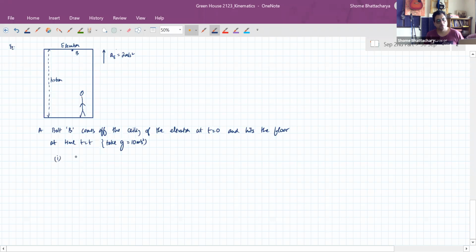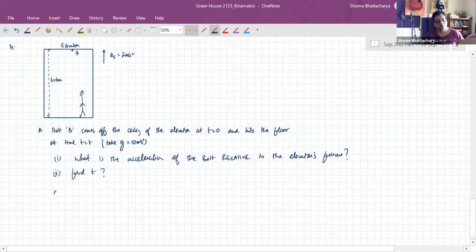First of all, what is the acceleration of the bolt relative to the elevator's frame? And find this time t.